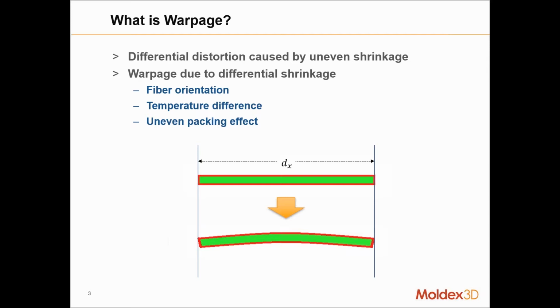Now, the factors that could cause warpage can range from what kind of geometry you have, what kind of material you're using, whether it has fillers in them or not, like glass fillers, carbon fillers, what sort of processing conditions you are using, what your process is like. So all of these and other factors can affect warpage.